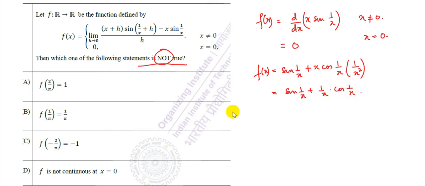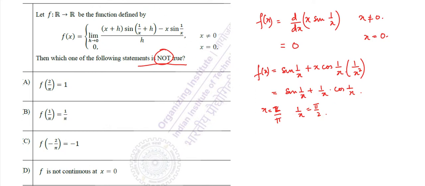So now we look at the options. The first one is f of 2 by pi. Now that means x is equal to 2 by pi and 1 over x is pi by 2.